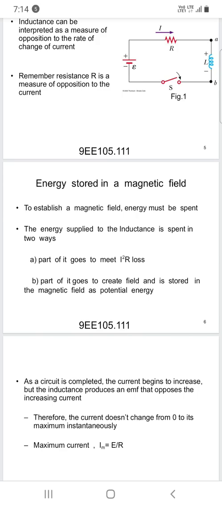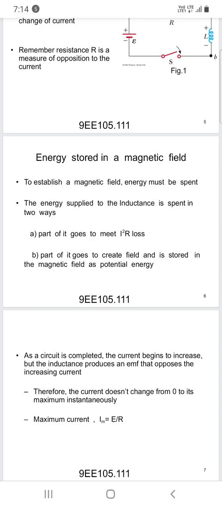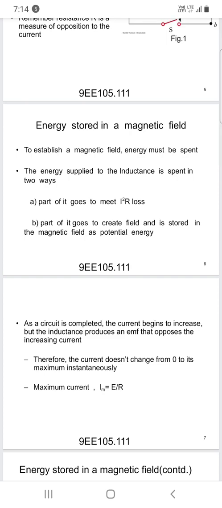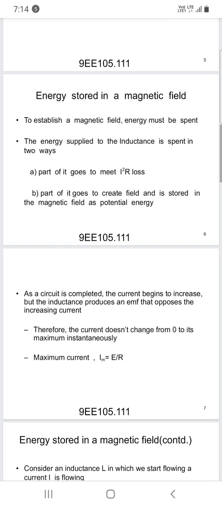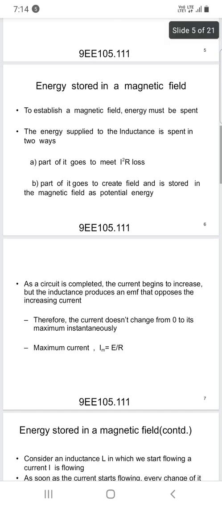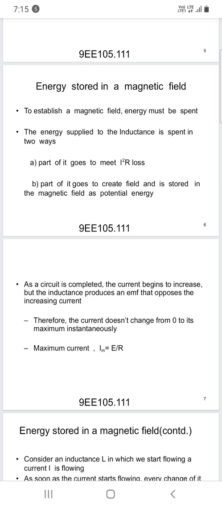First, part of it goes to meet I square R losses.